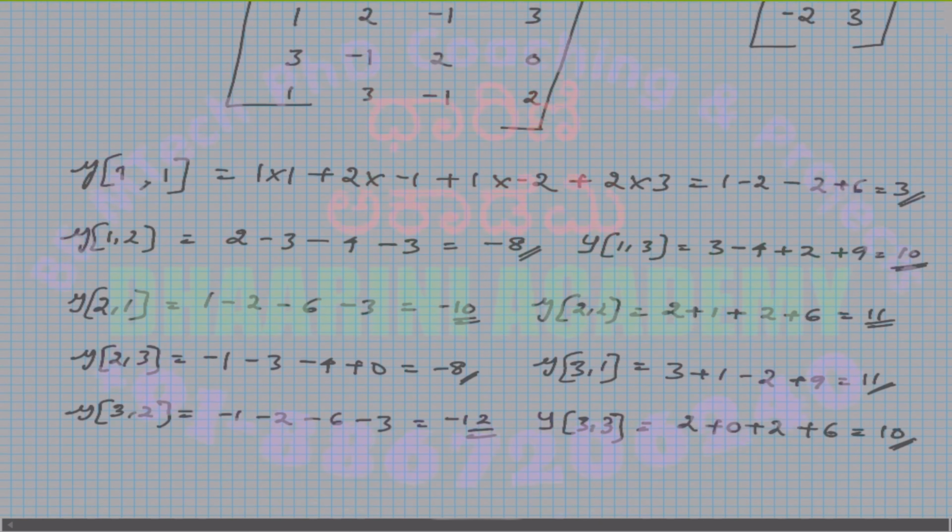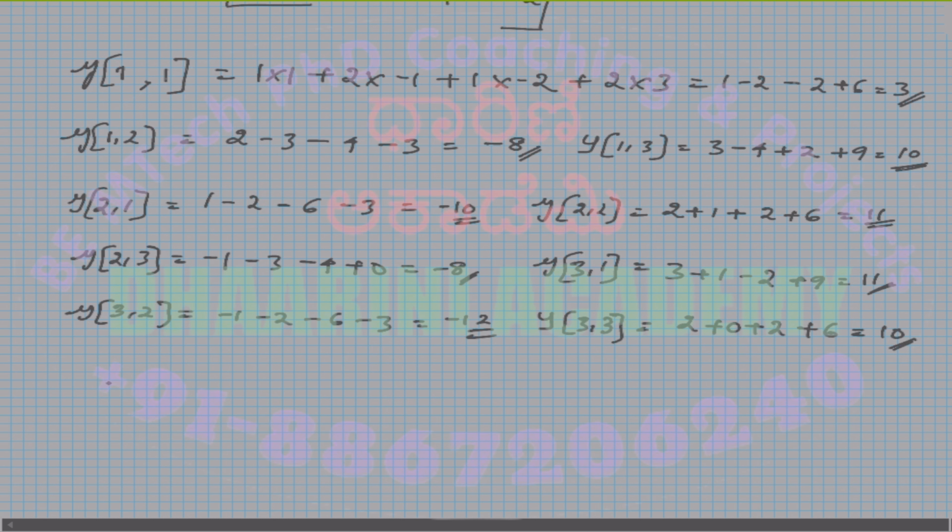So this means we can write our answer. Therefore y of m comma n is equal to, copy every point in the respective position: 3, minus 8, 10; minus 10, 11, minus 8; 11, minus 12, 10.